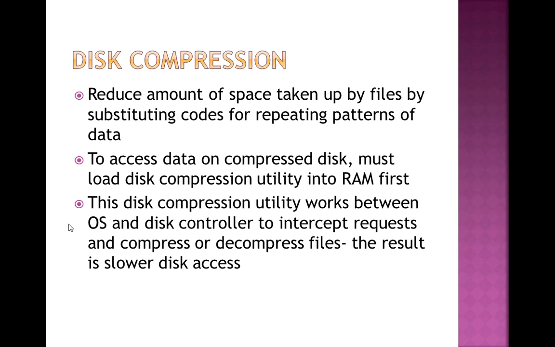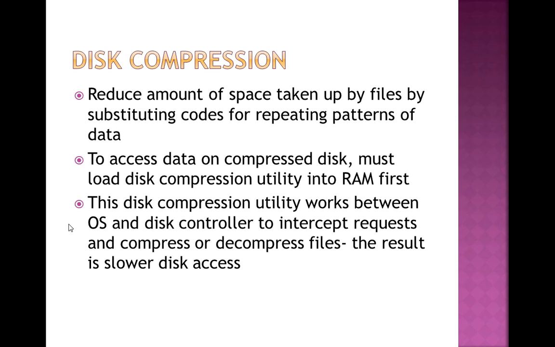Next is disk compression, that is reducing the size so that it may be adjusted to form multiple spaces. This reduces the amount of space taken up by the files by substituting codes for repeating patterns of data.